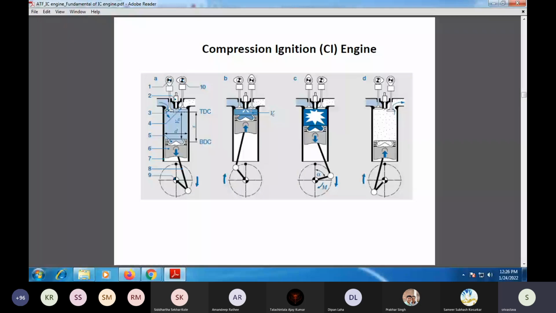Now, what is important here is that air fuel mixing is very important in the diesel engine.